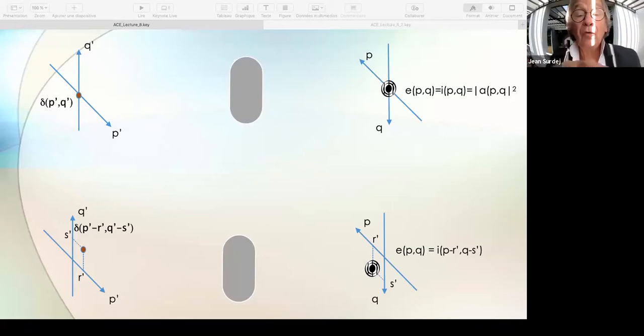And what we know is that the response function represented by E of the variables P and Q, which is also the intensity observed for the case of a point-like source, is equal to the square of the modulus of the complex amplitude distribution in the focal plane.